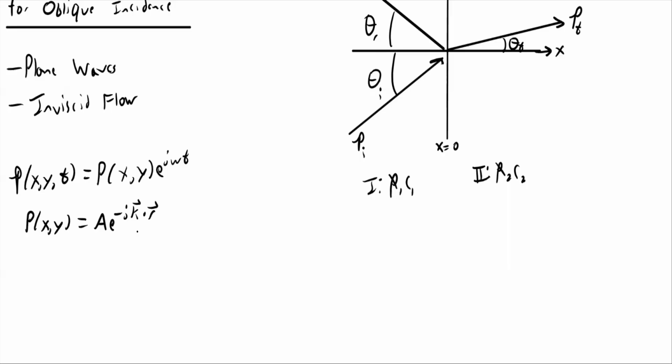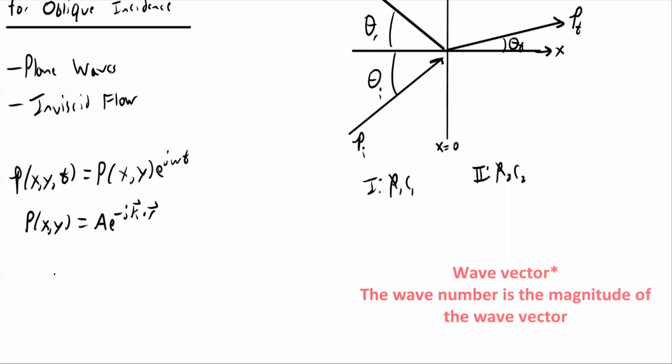Where r vector is the position, and k, which I'll define here, is the wave number in a specific direction. So k vector is equal to k cosθ x hat plus k sinθ y hat, where k is simply the magnitude of the k vector.